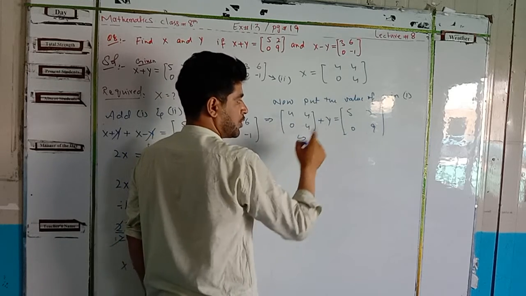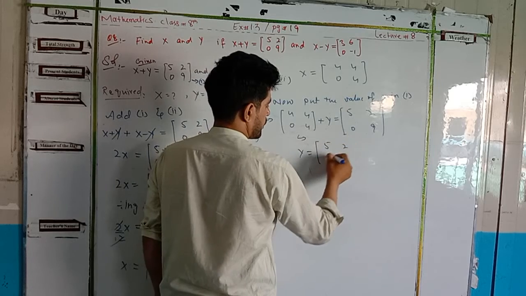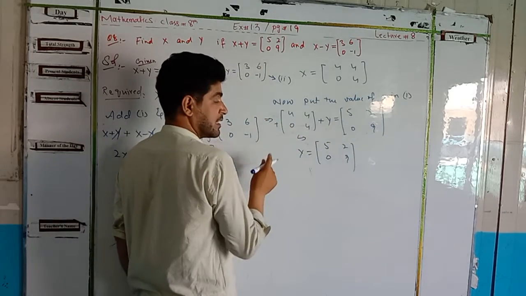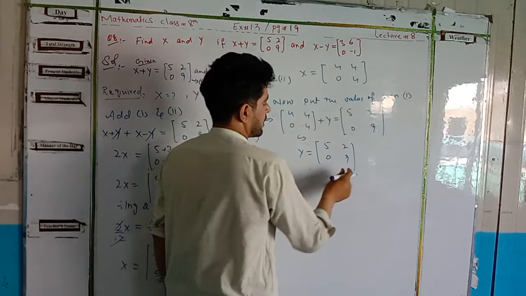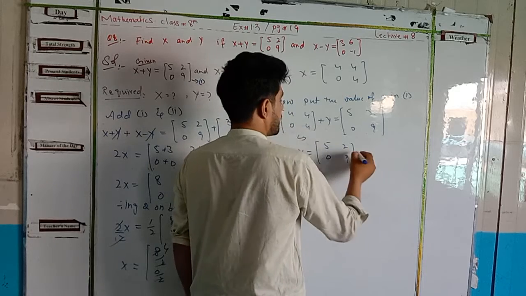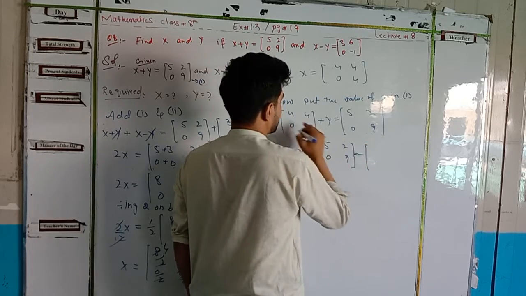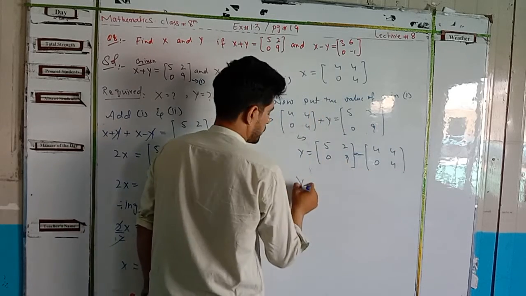Shift this matrix to the other side. So this is plus; when we shift to the other side, this will make minus 4404.